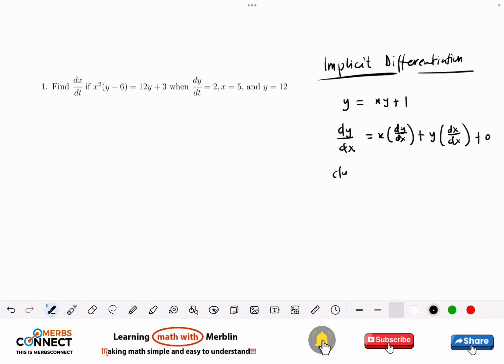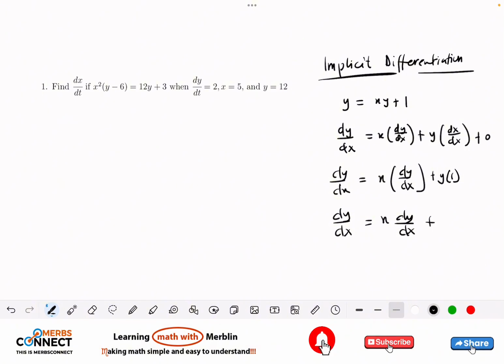So I'm going to have dy over dx equal to x dy over dx plus y times dx over dx, which is 1. So dy over dx is equal to x dy over dx plus y.